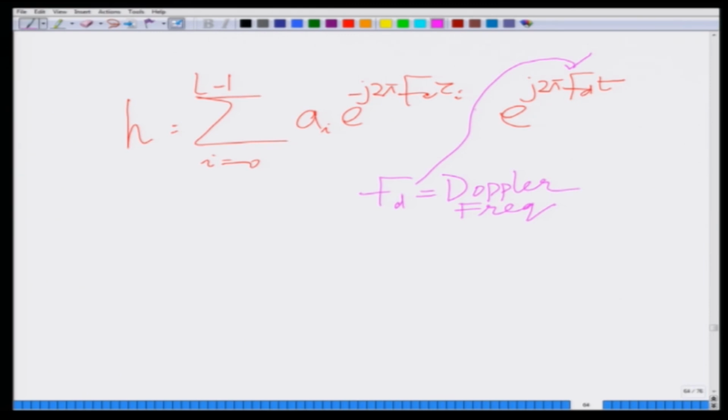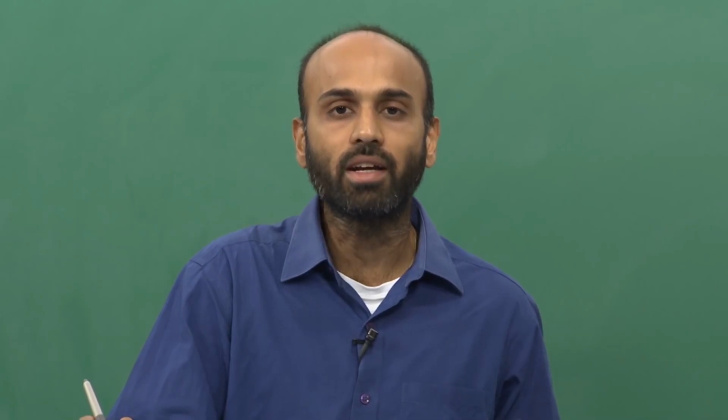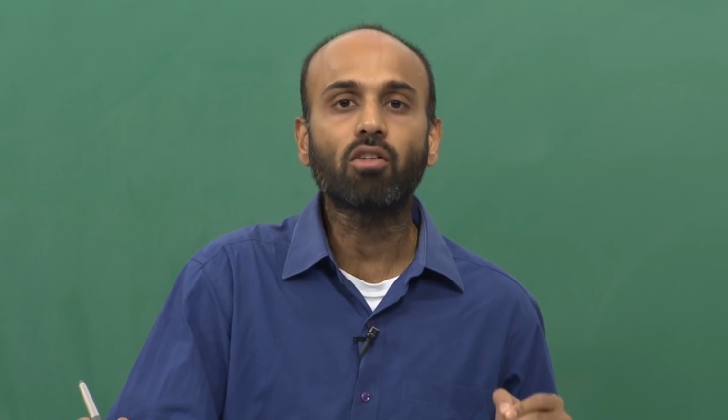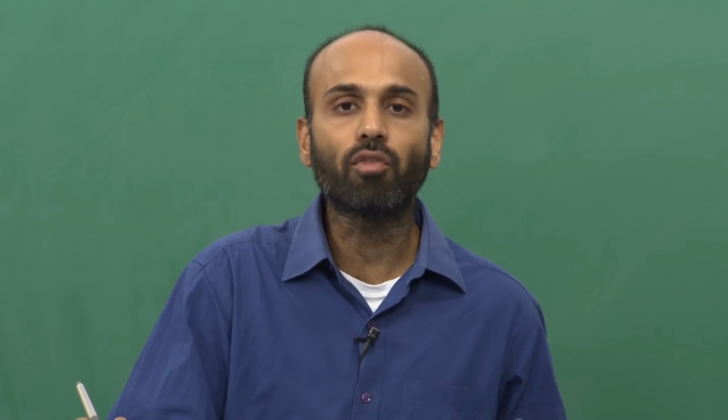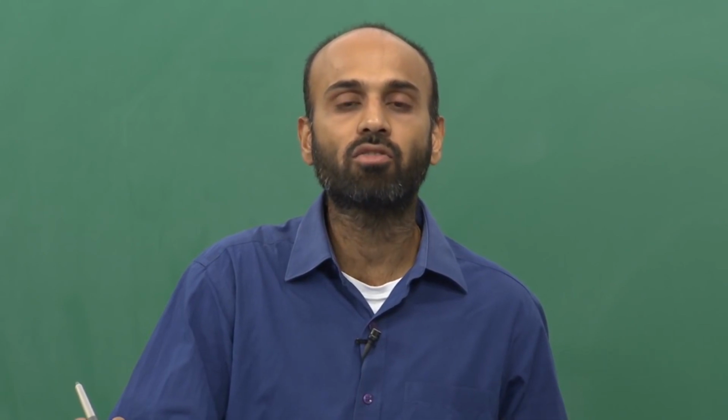So, this quantity f_d is the Doppler frequency of the system. Further, now you can see this component e to the power of j 2 pi f_d t is a function of time. So, it is varying with time, and therefore, as a result the coefficient h is now a function of time, or is it?